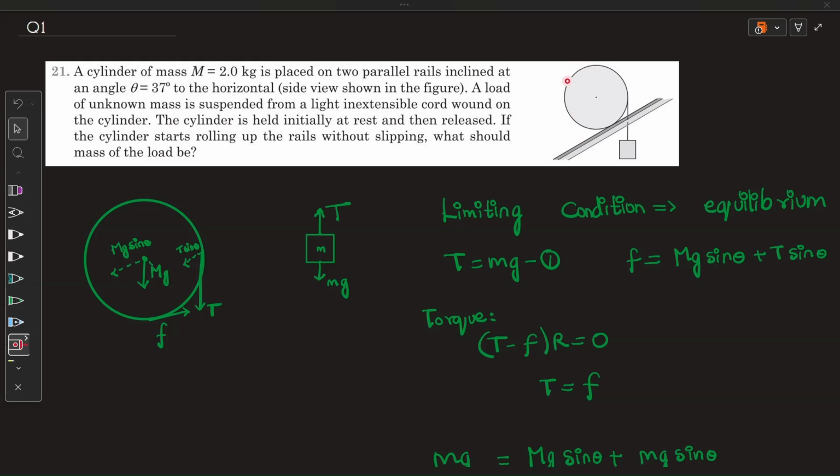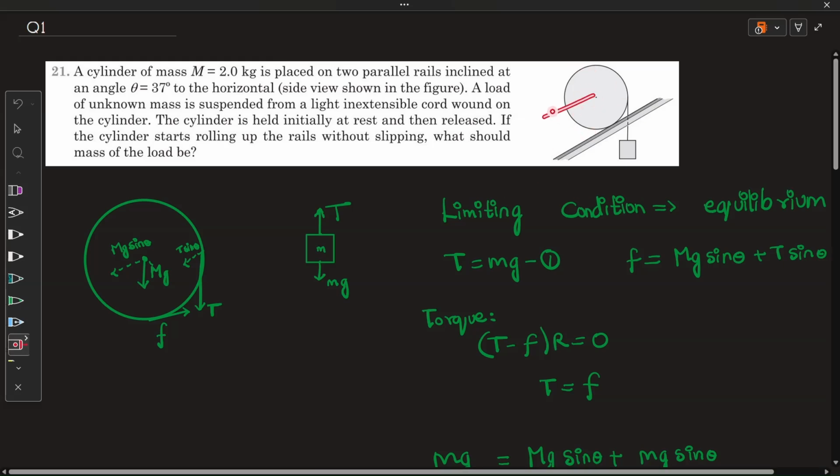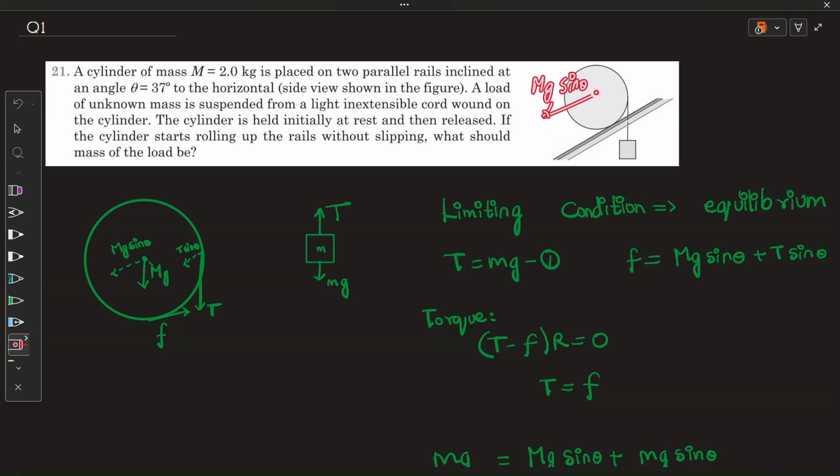So if you see here, this is a cylinder. Due to the force mg sin theta downwards along the incline, it will try to go down. But we are attaching a load to it in this direction, so this tension will give a torque in this direction.